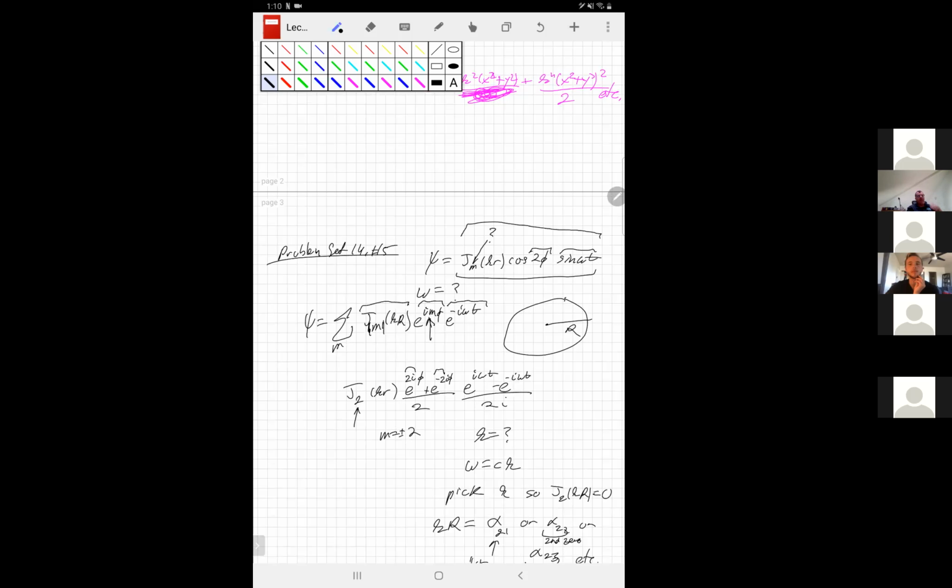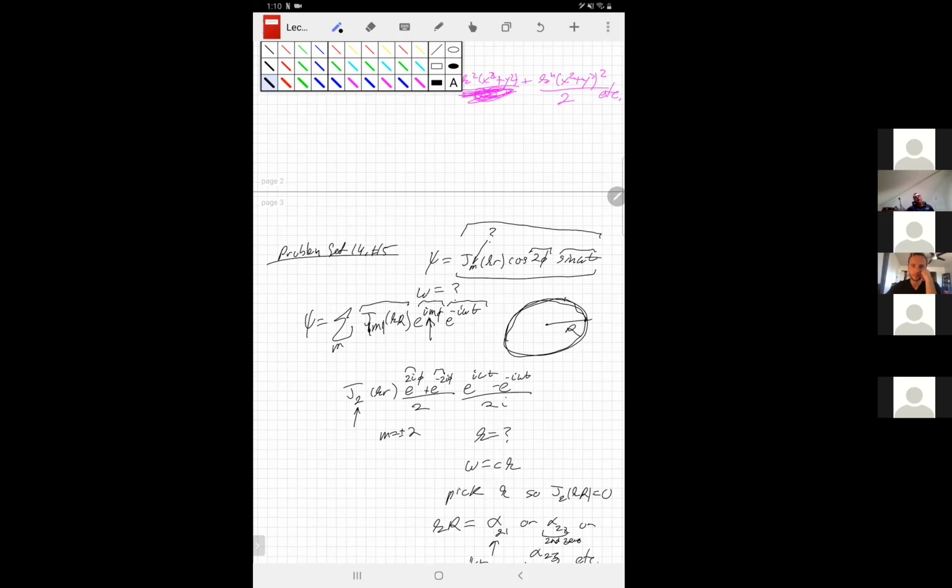So e to the i m phi and e to the -i m phi both get multiplied by J2. Now, in these problems involving vibrating membranes, we're assuming that the Bessel function is 0 at the edge. It's a fixed boundary. So J2 of kR must be 0.